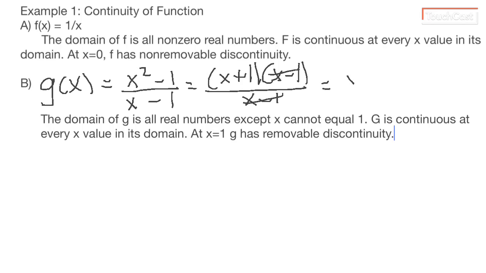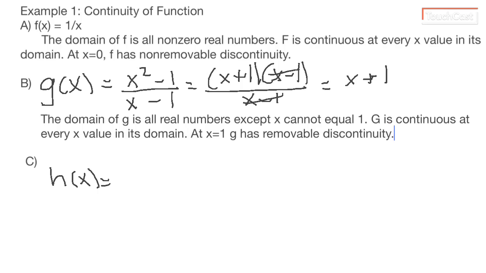So we could redefine the function to be just x plus 1. That is how we can say g of x has the removable discontinuity. We're also going to look at a third and a fourth function. So our third function we're going to check out, we're going to call it h of x.